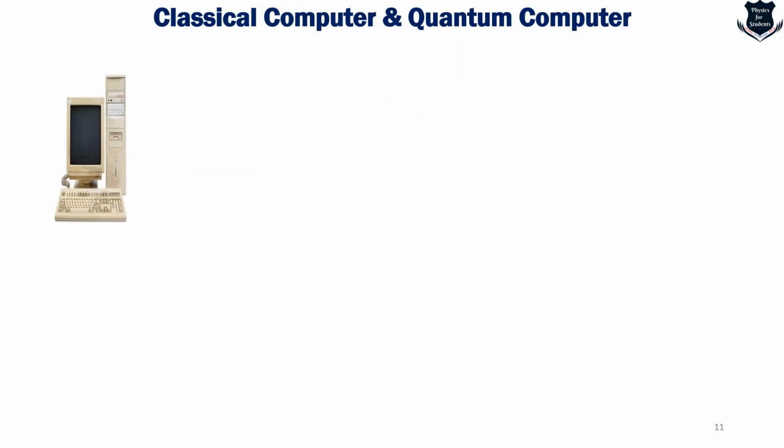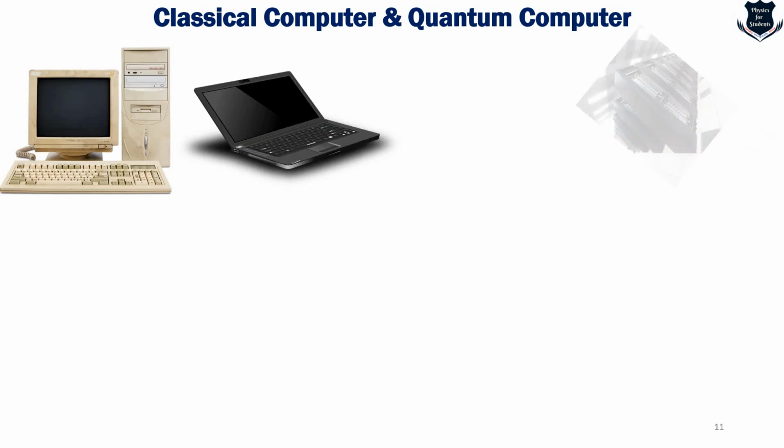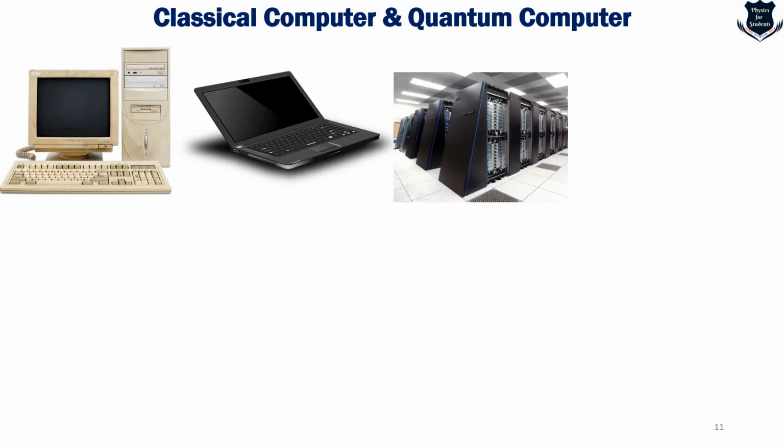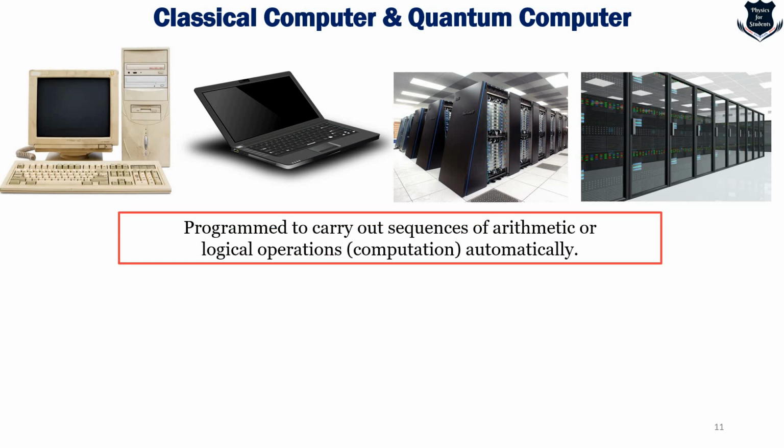Okay, so if we take any old desktop, or any laptop, even a mainframe supercomputer, all we have to keep in mind is that these are all programmed to carry out sequences of arithmetic or logical operations automatically.